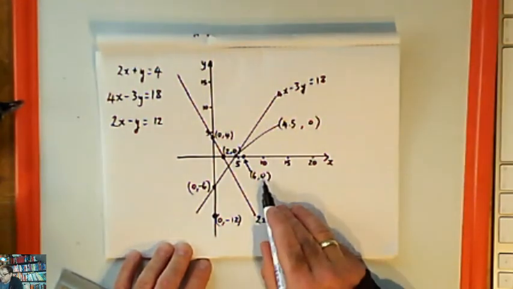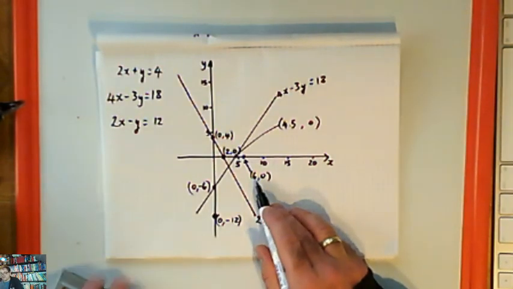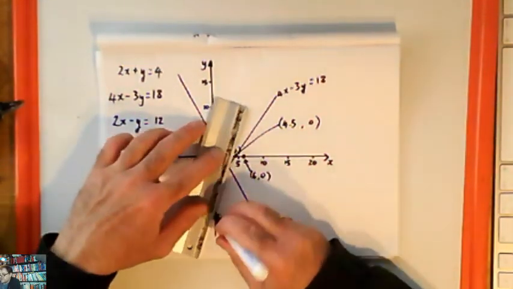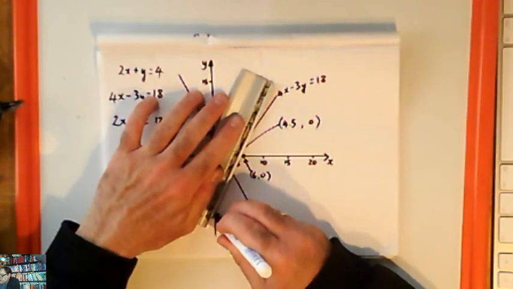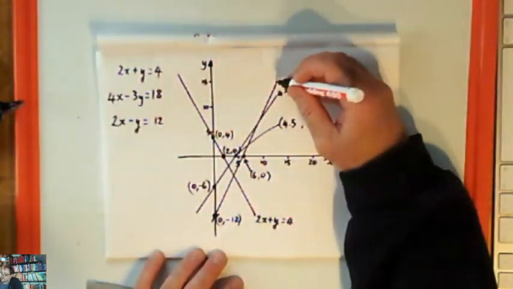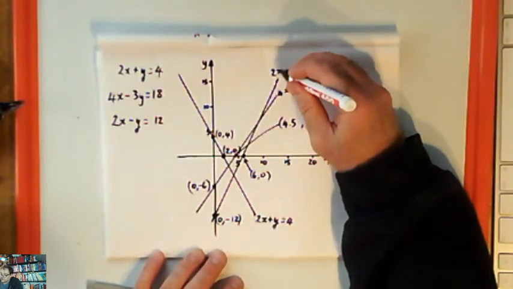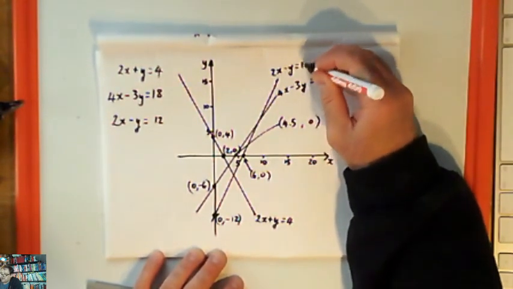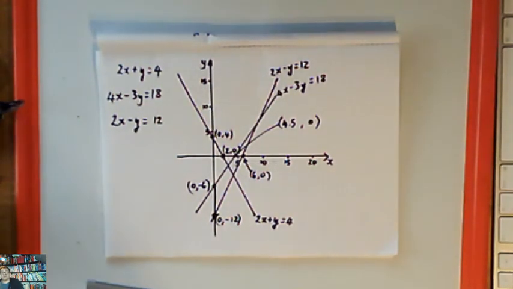So, join those together, and we get the straight line of the equation 2x minus y equals 12. So we've done 3 straight lines.